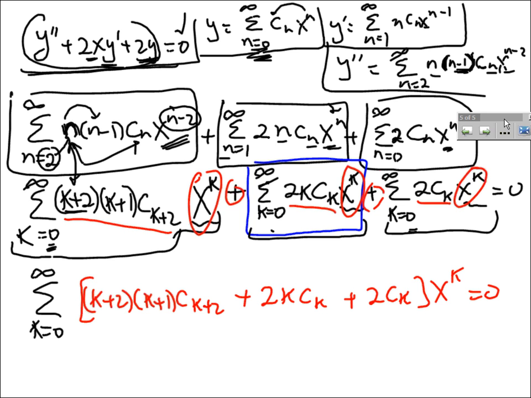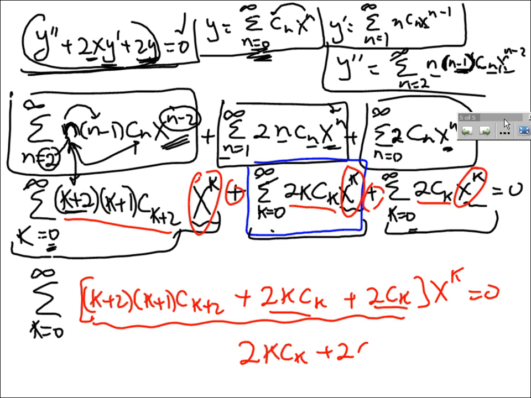So basically, I want this to be 0. Now, when it comes to 2k c sub k, this term plus that term, I'm really adding c sub k's.